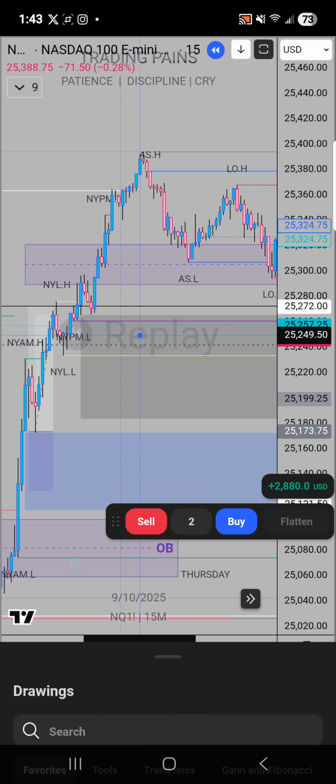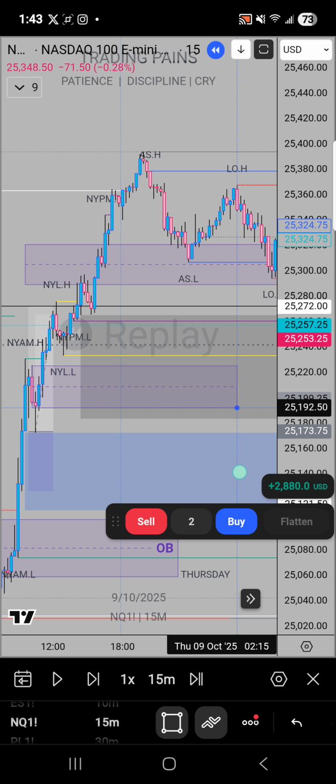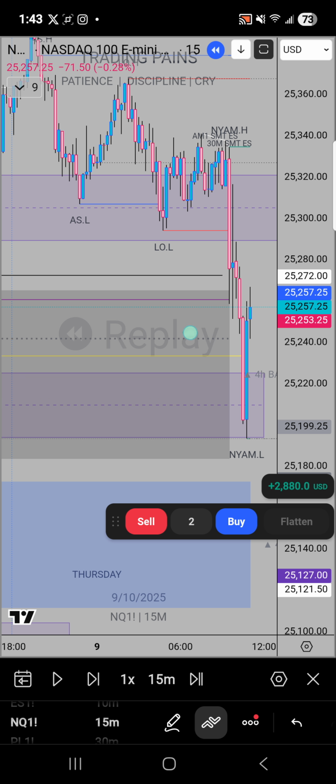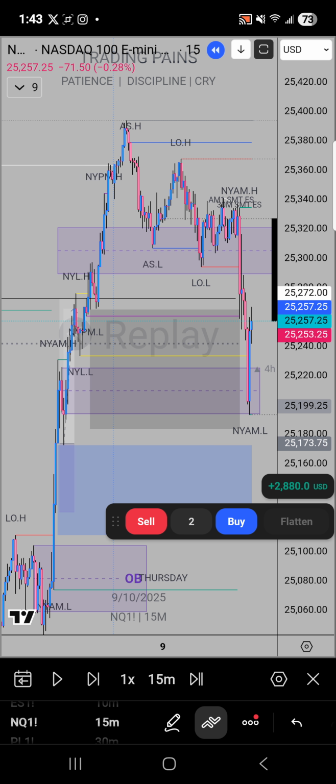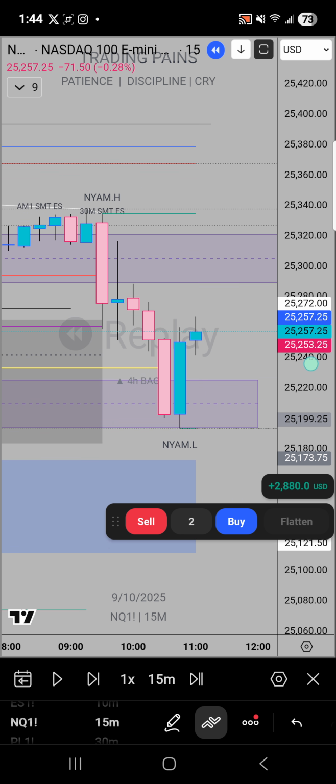From here, I do see we have an order block, from here to here. Okay, it did sweep liquidity, which is the New York PM lows.